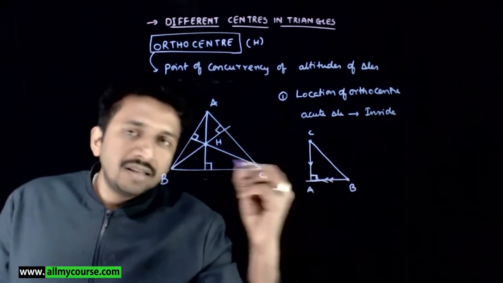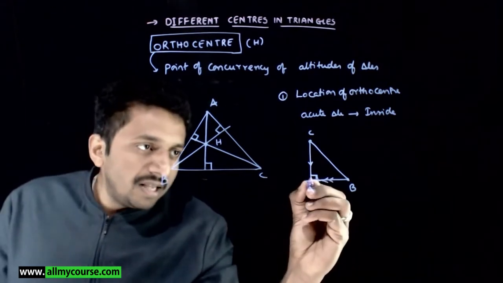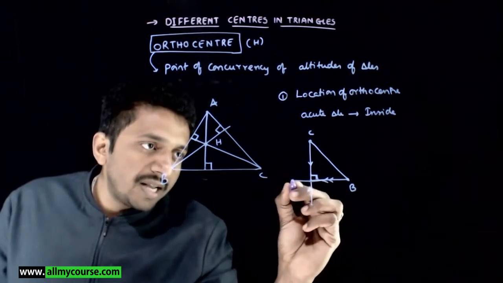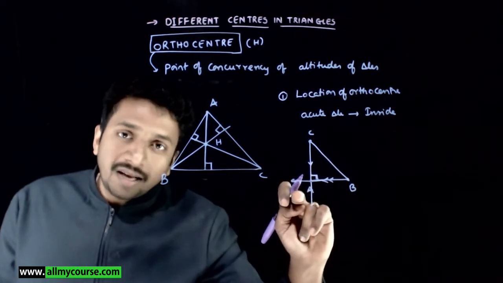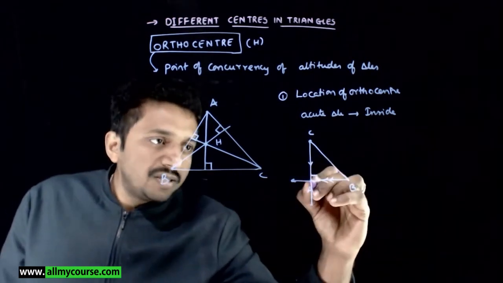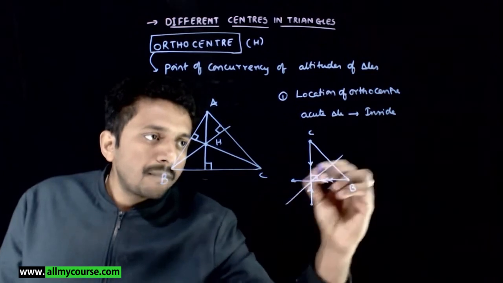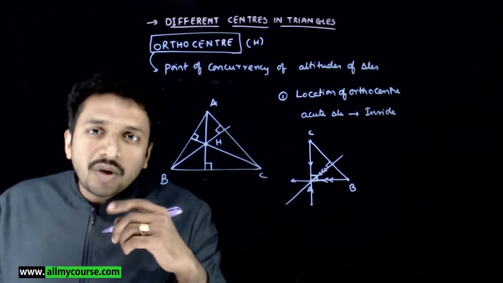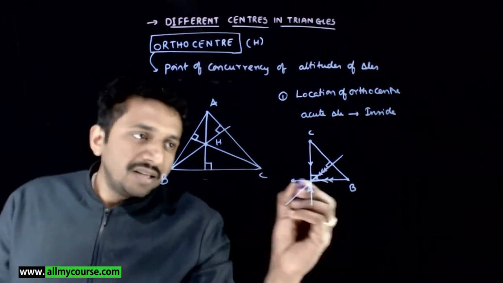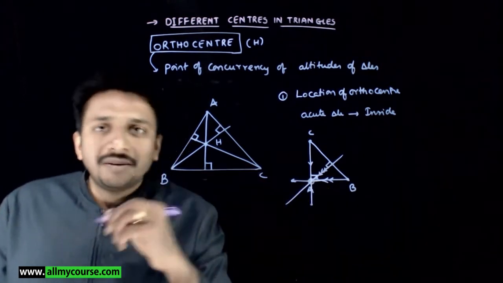So this is the next altitude. And the third altitude is nothing but the line through A perpendicular to BC. So where are all of these meeting? They are meeting at the point A.